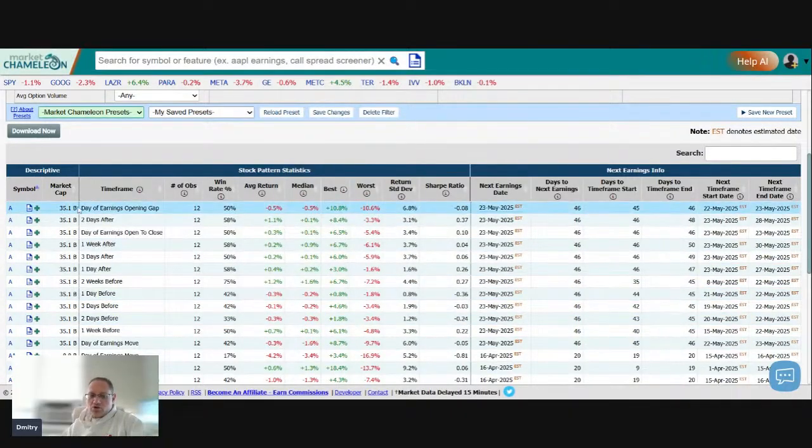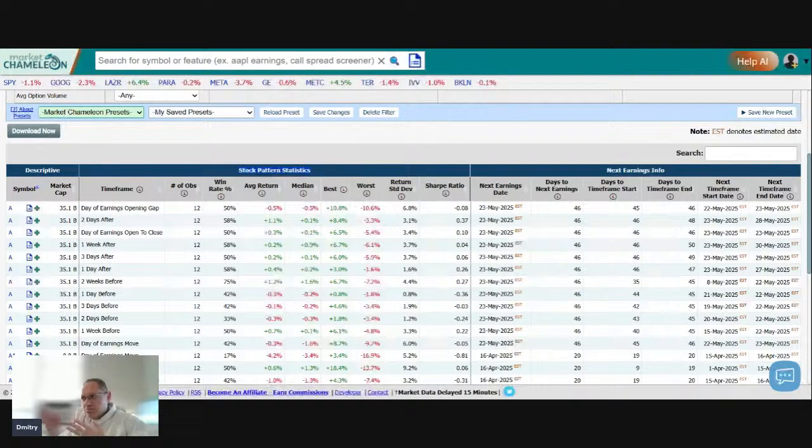After the market cap, we have the statistics of how the stock behaved around its earnings. First we define a time frame. With that we mean we have an earnings event. It could be a certain day that announces either before the market opens or after the market closes.